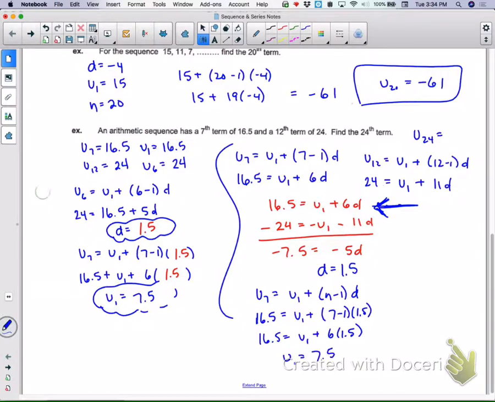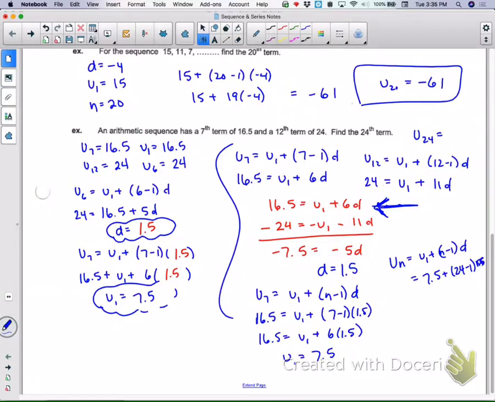So to find that 24th term now, my u sub n is u sub 1 plus n minus 1 times d. So that's going to be 7.5 plus 24 minus 1 times my common difference, which was 1.5. Sorry, it won't let me write the 1.5 over there, but the d, oh, there it went.